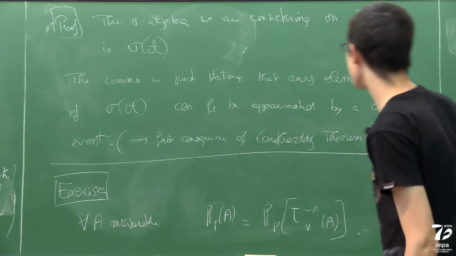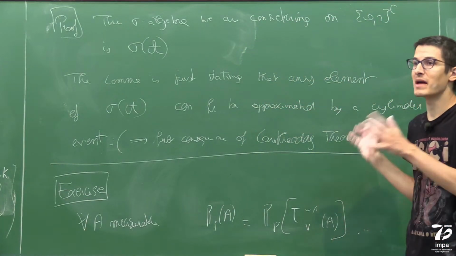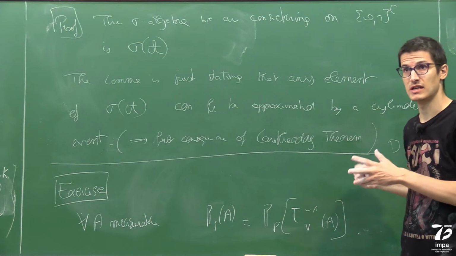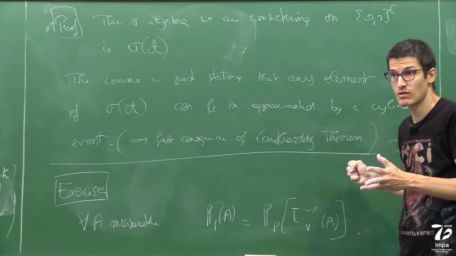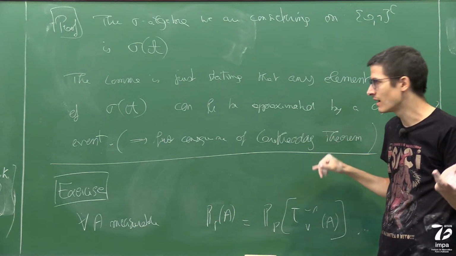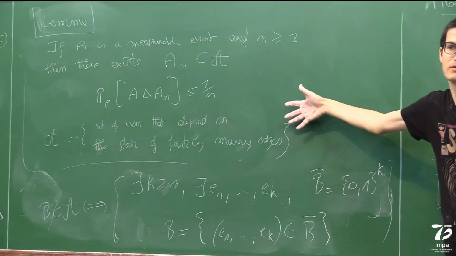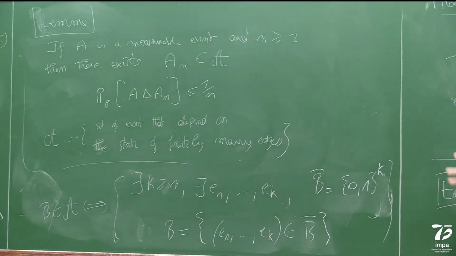Basically, proving this is kind of the same proof as when you want to prove that Lebesgue measure is translation invariant. You know that it's true for intervals, and then you use a result of this kind to extend it to all measurable sets.